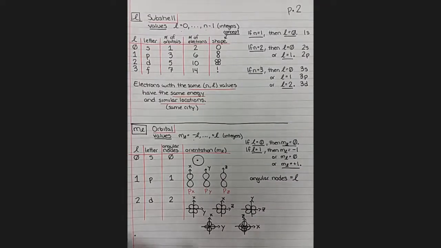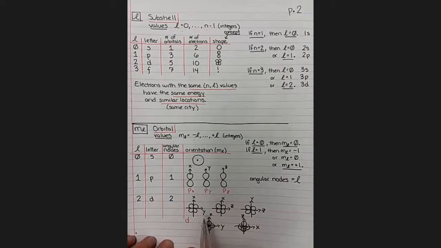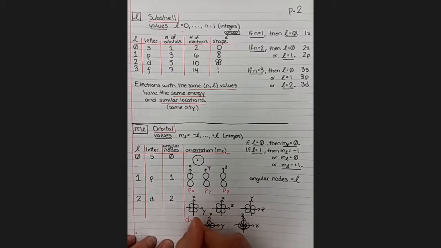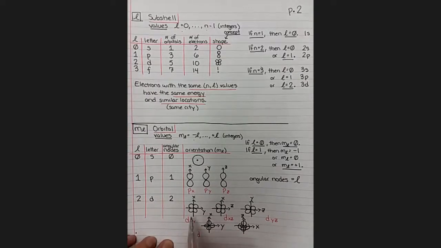So you'll have some practice drawing these, but these each have names based on the axes that they're sitting on. So this one is called dxy, this one is the dxz, and this one is the dyz. Then we can't name this 4th one dxy because we already have a dxy, and they're both on the same axis.